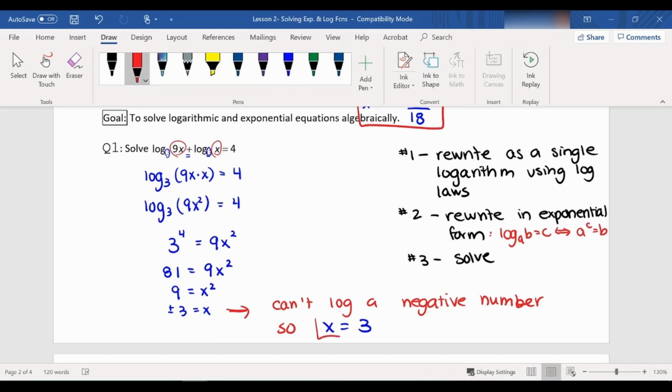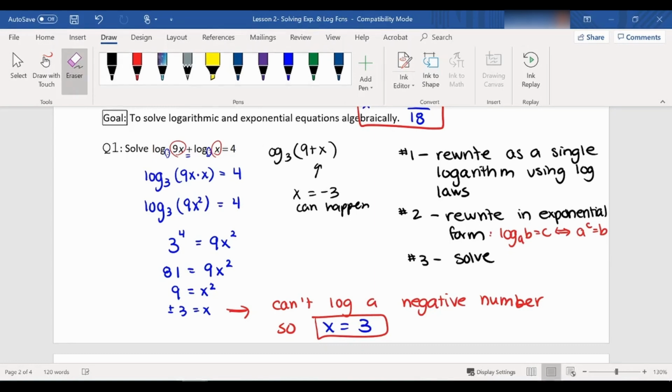That doesn't mean when we solve these equations, we can't get a negative answer. You need to take a look back at the original question and see if your number would work. Okay, and I'll show you a couple examples of this later on. But for example, if my original question was log base 3 of 9 plus x, x here could be negative 3, because when I plug that in, I'd actually get log base 3 of 6, which is allowed.